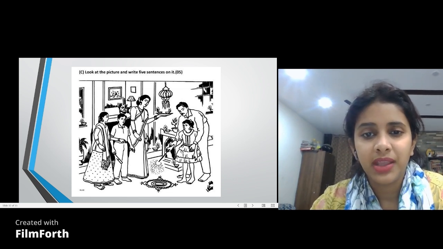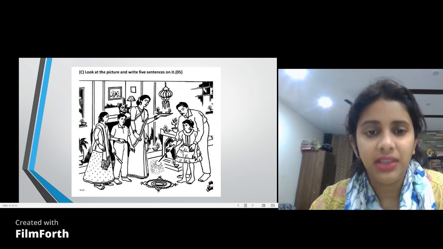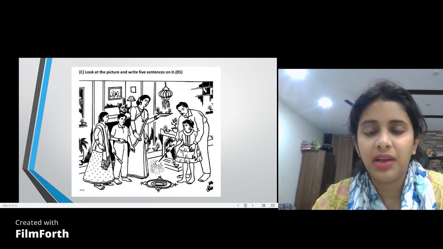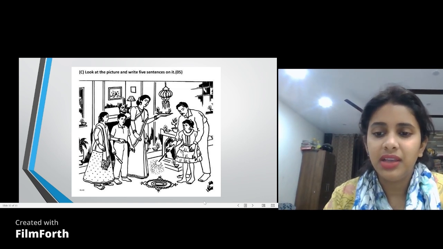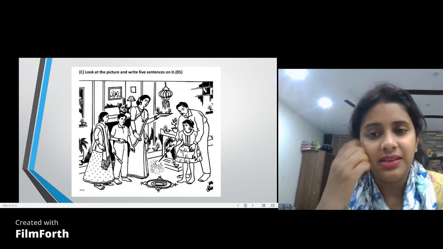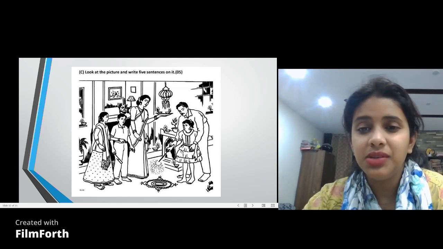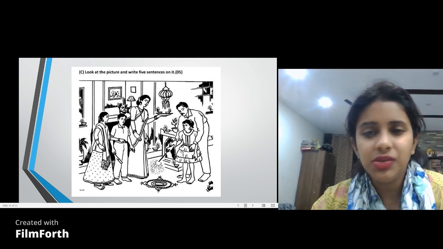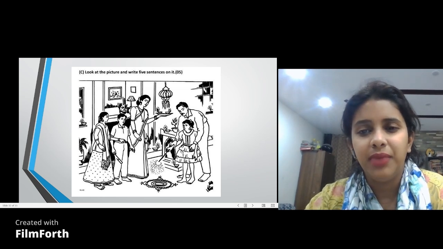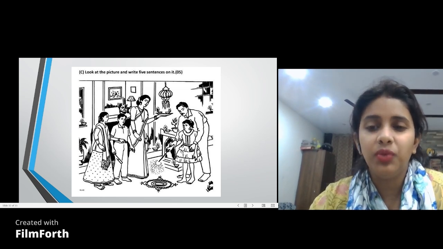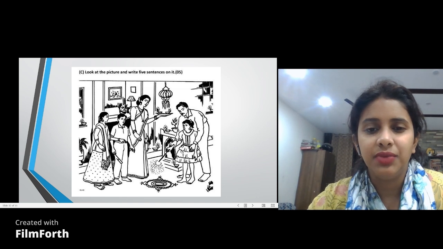Mother is standing with diyas in her hand. There are other family members too. So it is representative of Indian culture, the celebrations that we have. So you can go on and on exploring the picture in a nice way.